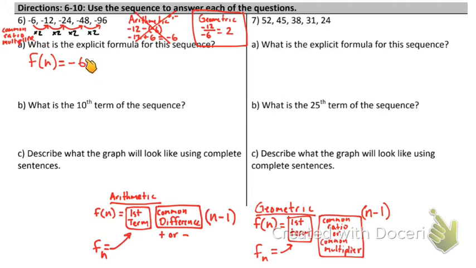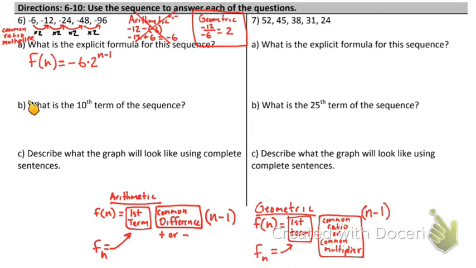So we're going to go times 2, because we're multiplying. And then the formula calls for us to put an exponent of n minus 1 on my common multiplier. Okay? That's the explicit formula. We are done. So part A is done.